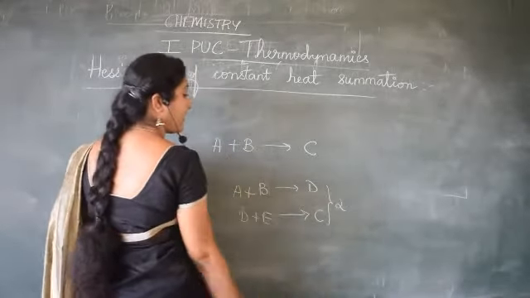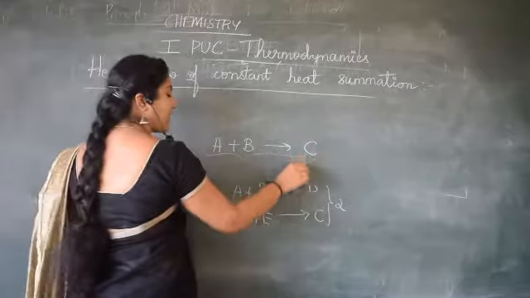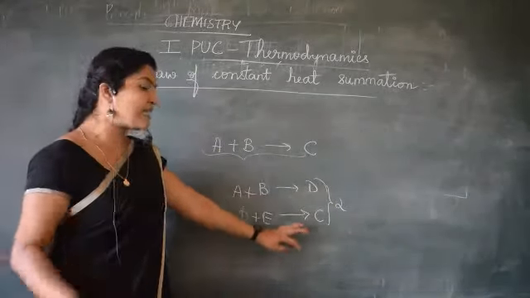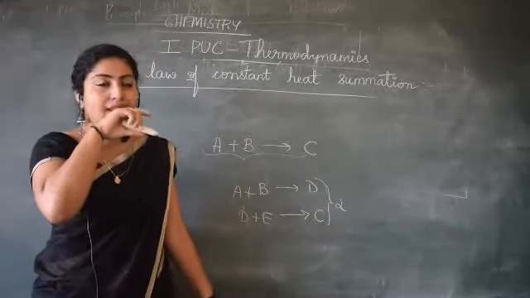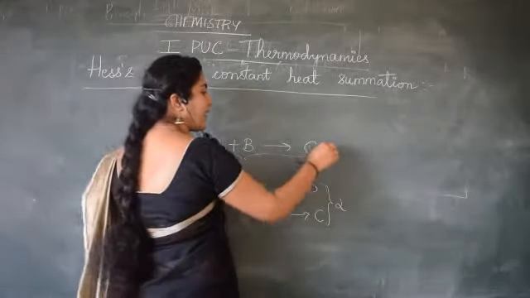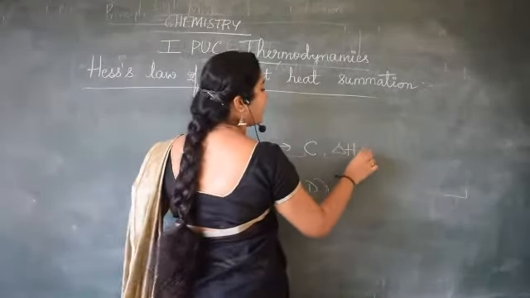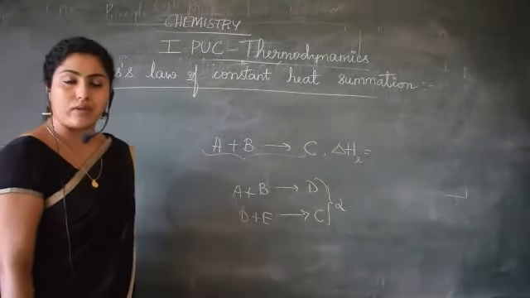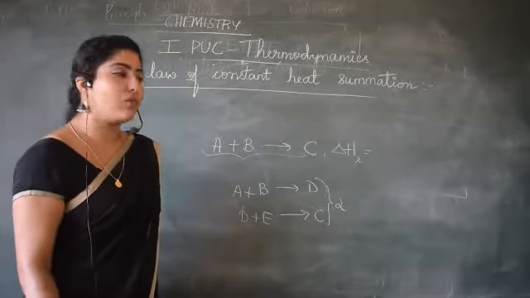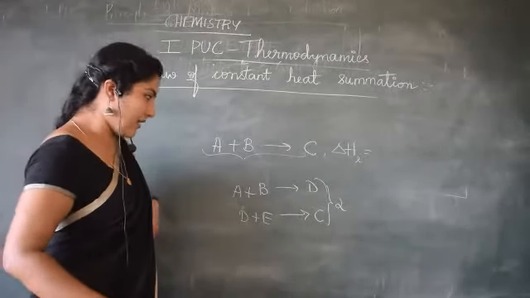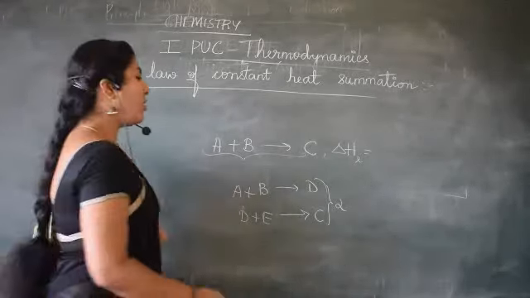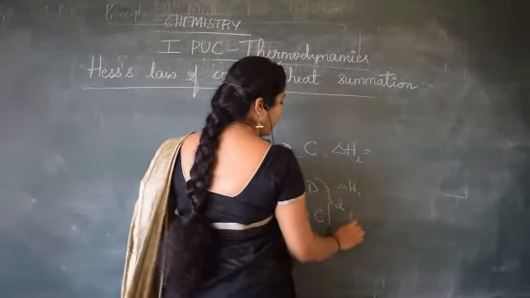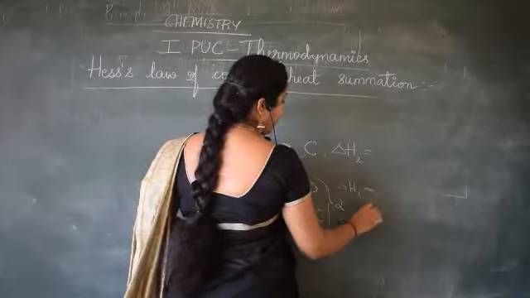If the same reaction is taking place in more than one step, in several steps, then if you want to calculate the standard enthalpy of the reaction, you have to take the sum of the enthalpy values of the intermediate reactions.